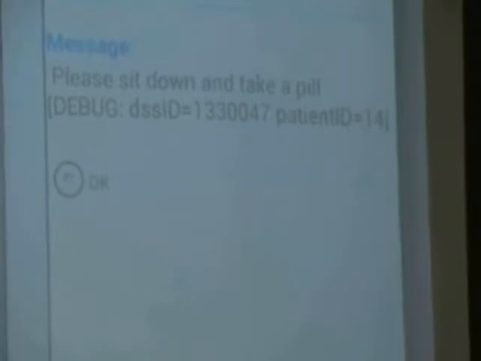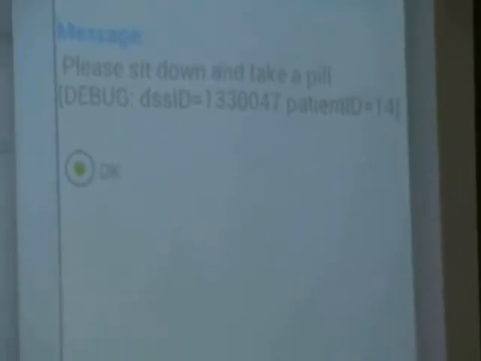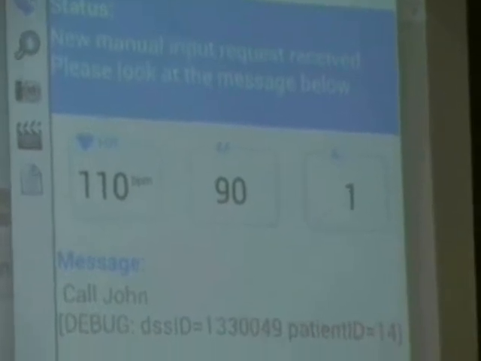So I take the pill and I press OK. Come back to my interface, please. So you will see now that we are measuring a real atrial fibrillation pattern. So that's why we got called down now. So this could be a situation where you should have manual contact with your caregiver.